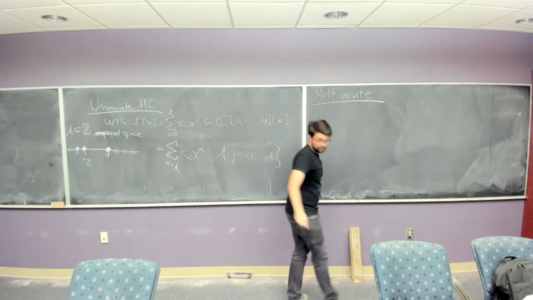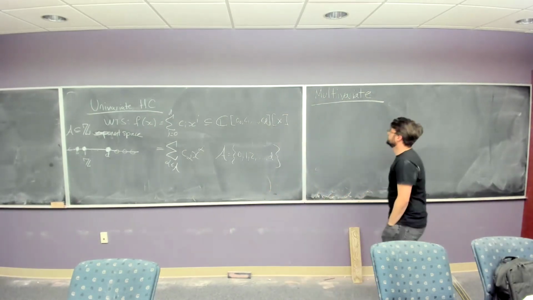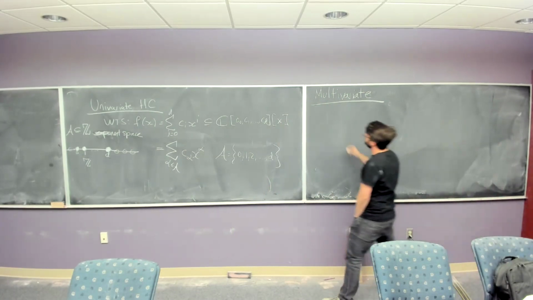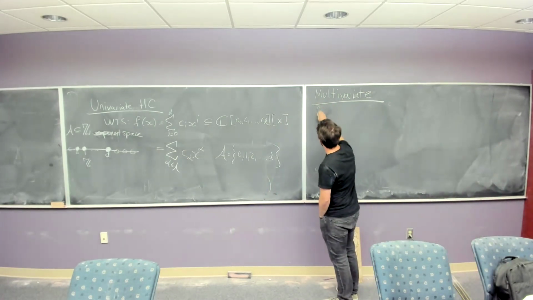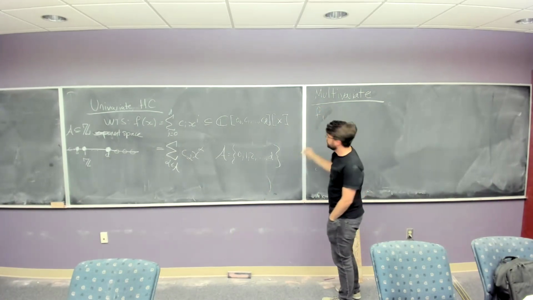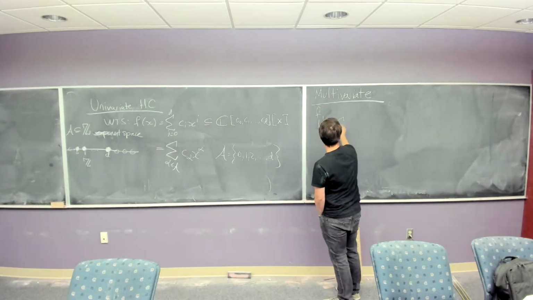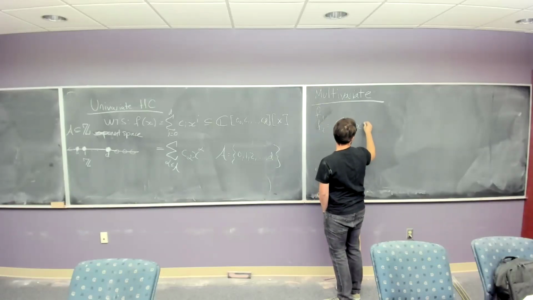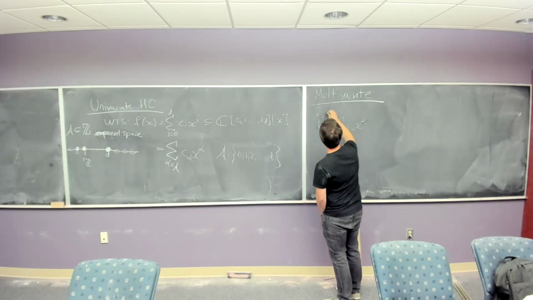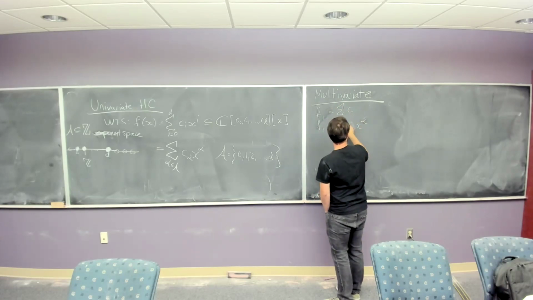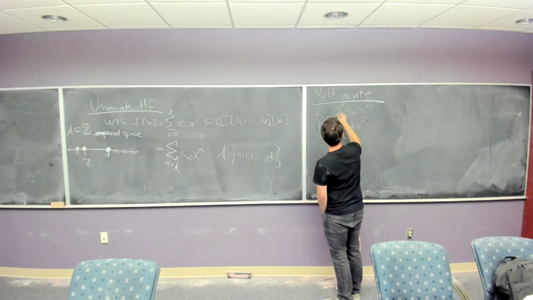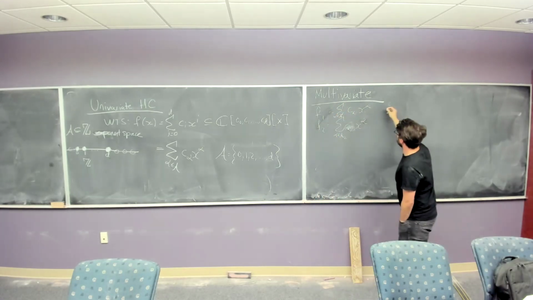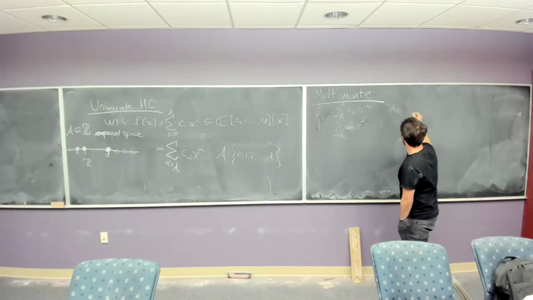So in multivariate polynomial homotopy continuation, MPHC for short, we do something similar. Let's just do two variables for now. This is some sum.